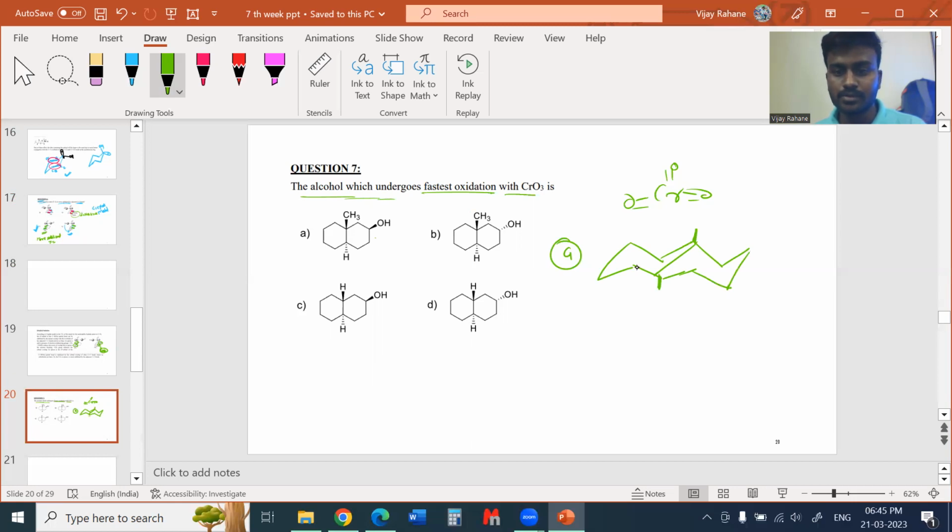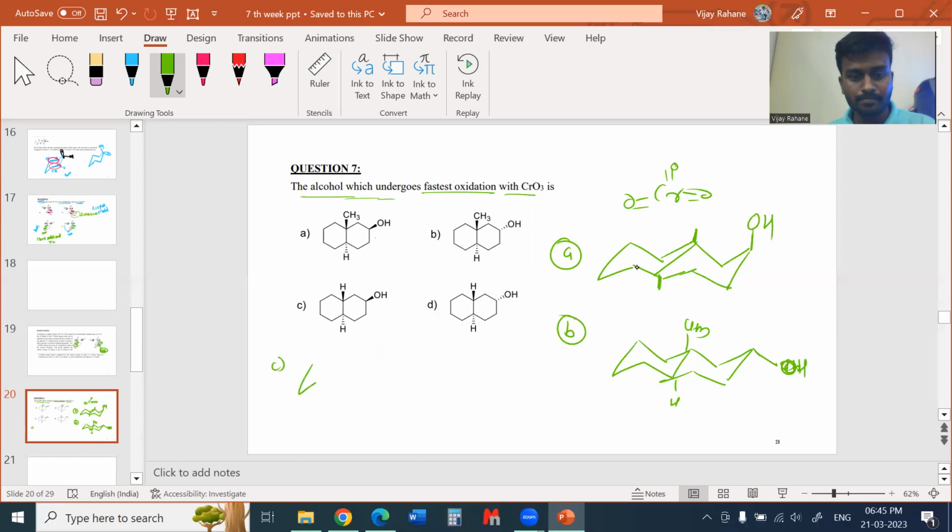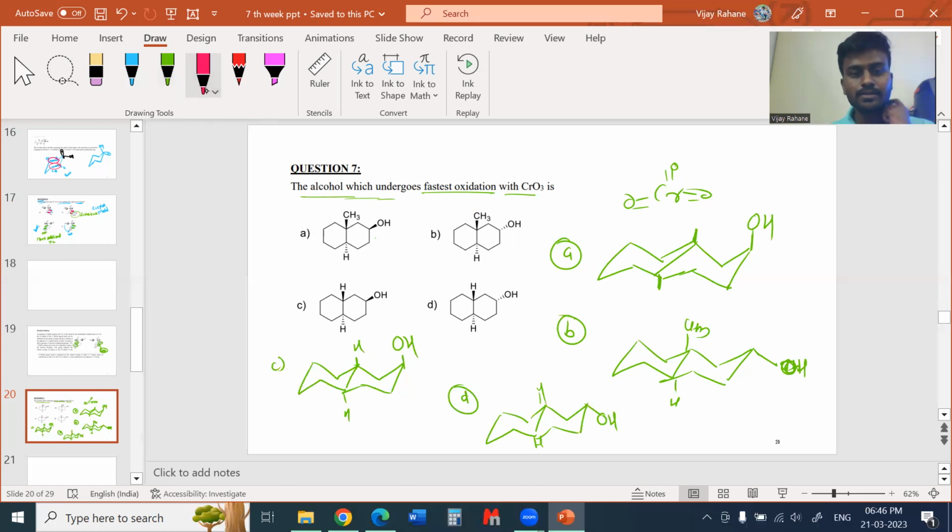And the carbon, carbon 1, 2. In the B, hydrogen will be, and D option will be, C. So these four options they have given, and which alcohol undergoes fastest oxidation with the CrO3, right?